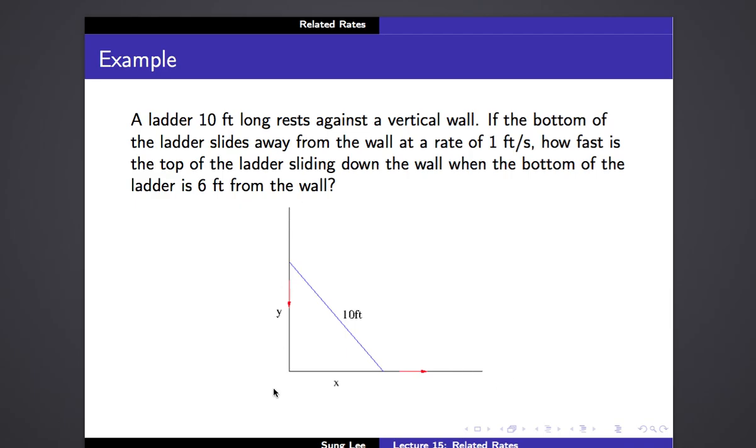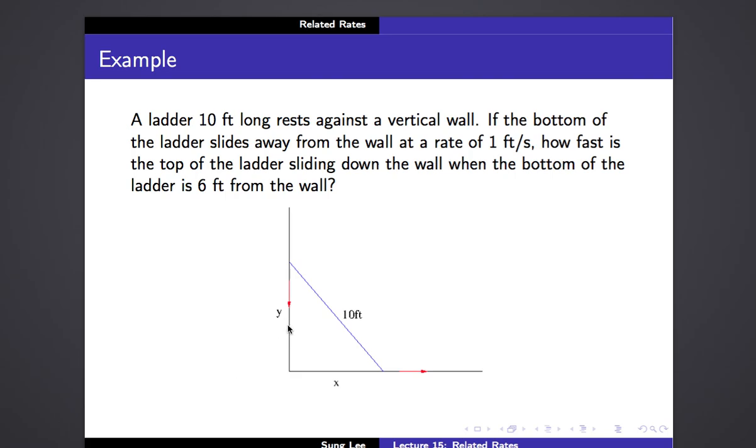So we have the wall, and then this is the bottom, and here the blue line resting against the wall is actually depicting the ladder.